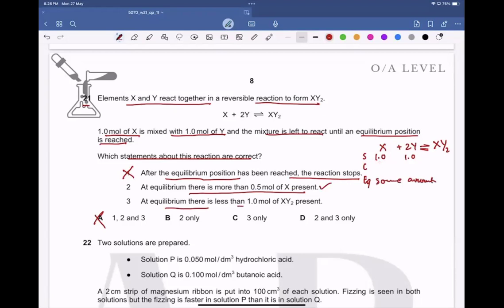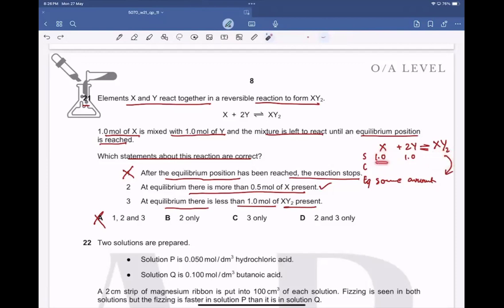At equilibrium, there is less than 1 mole of XY2 present. Yes, that is obvious as well because as 1 mole of X is not consumed, how could we get 1 mole of XY2? If only some amount of X is consumed, then only some amount of XY2 is formed.